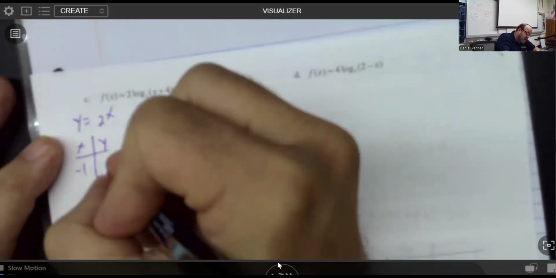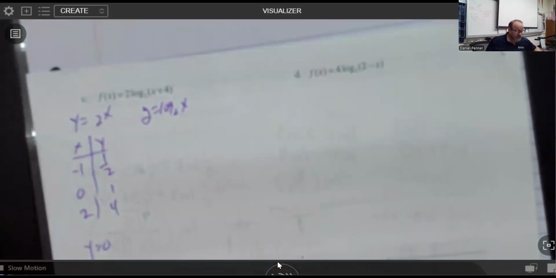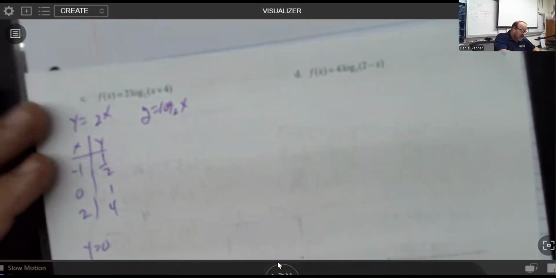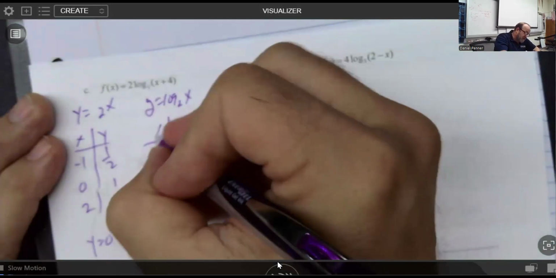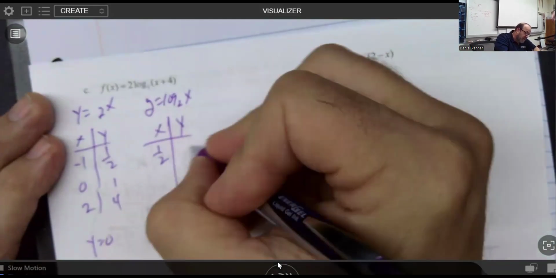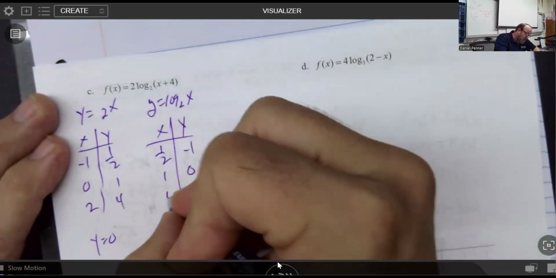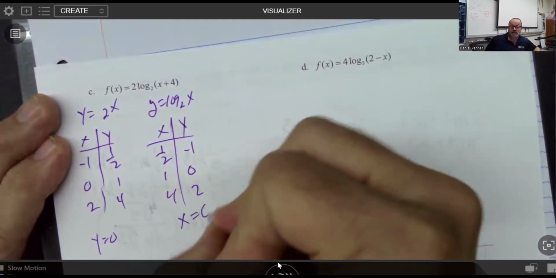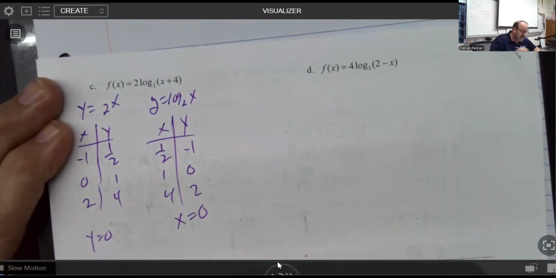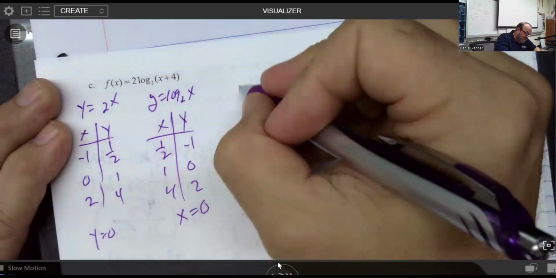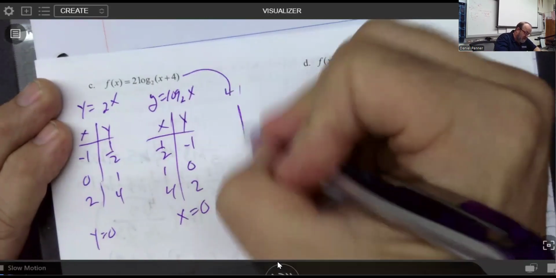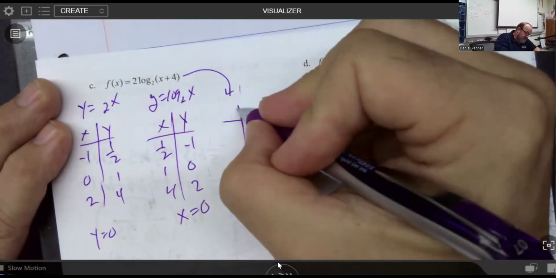I usually start with some simple values as we've indicated, right? A log is an inverse, so all of the x's become y's, the y's become x's, right? And then last but not least, we're going to jump in here and talk about what f of x is.